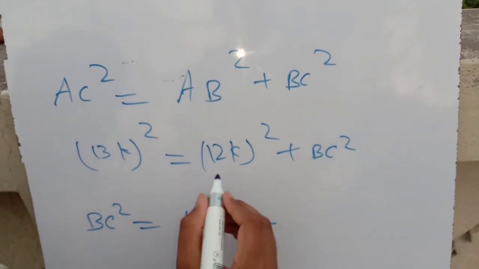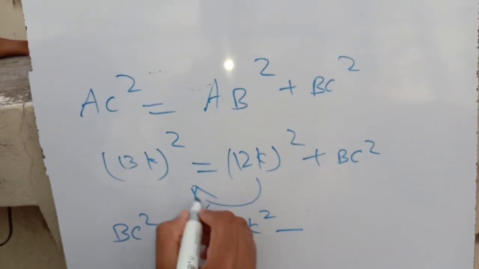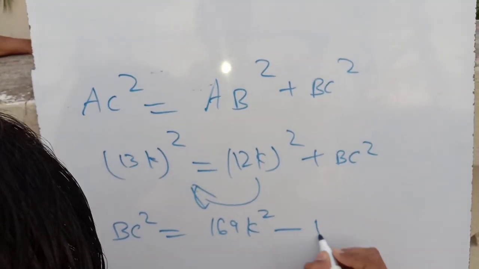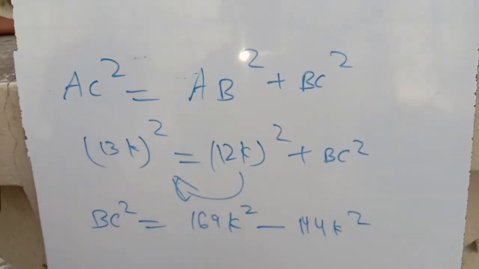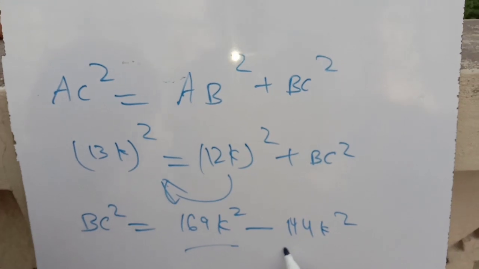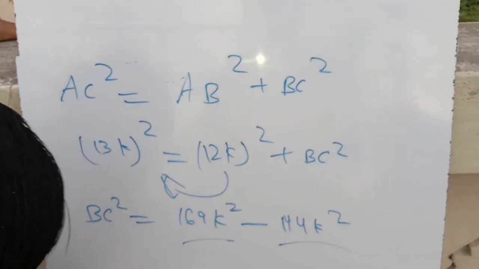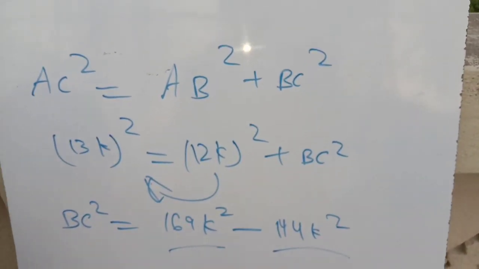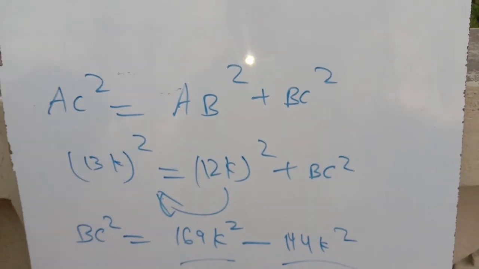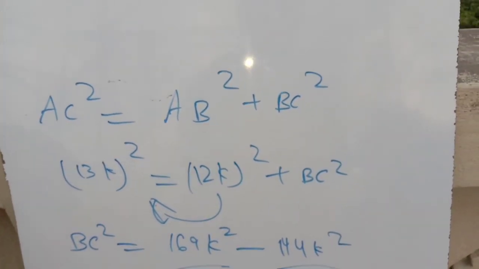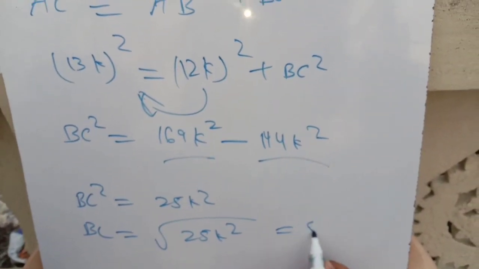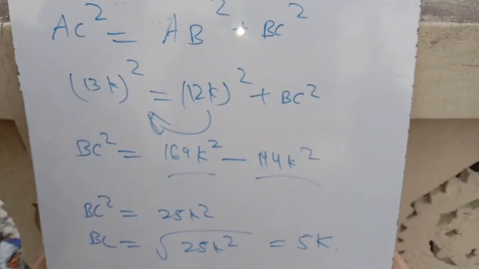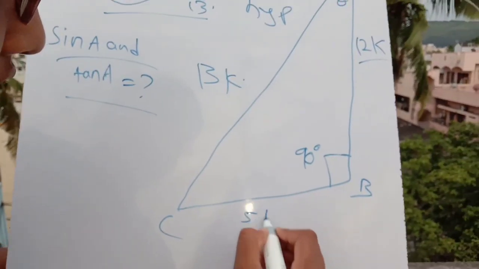Here we need to transfer this to this side, and 12 into 12 is 144 K square. So 169 K square minus 144 K square is equal to 25 K square. So BC square is going to be 25 K square, and now BC is the root of 25 K square. So it is definitely going to be 5K, and this side is going to be 5K.